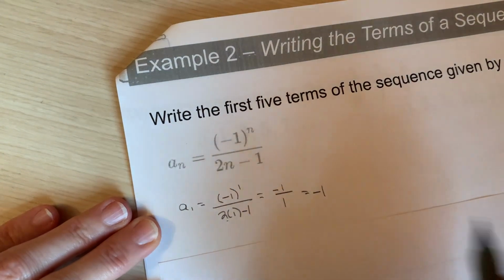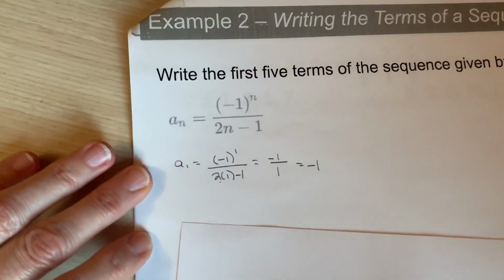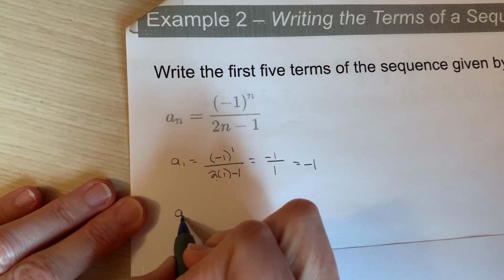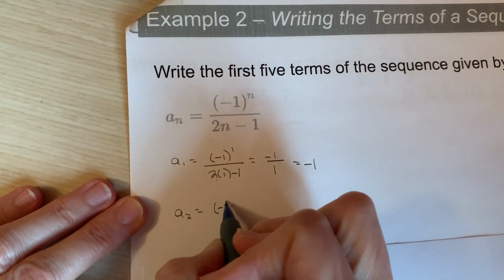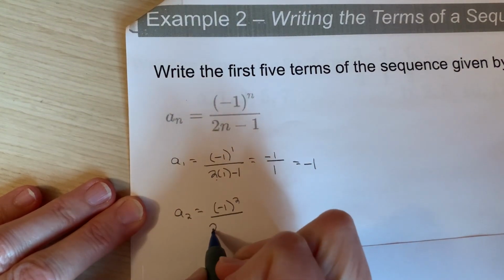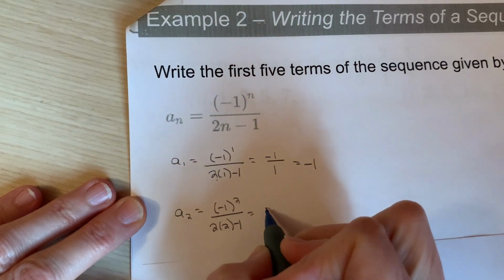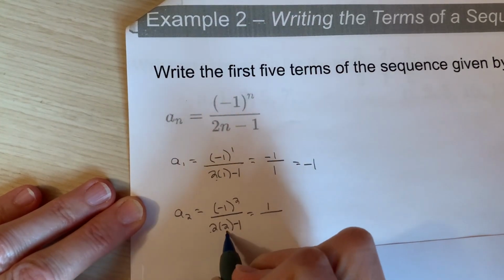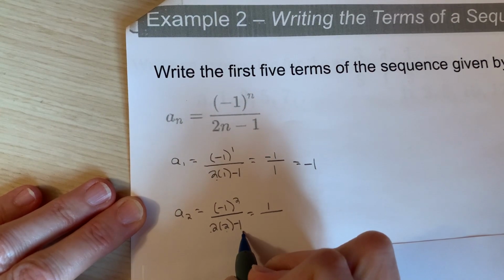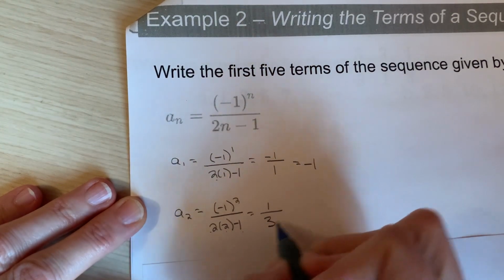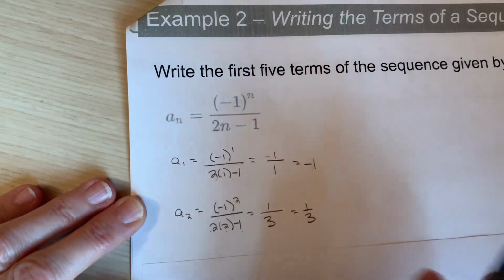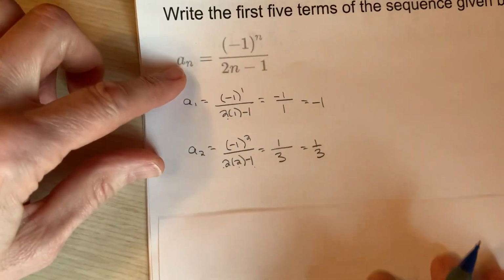So my first term, or a sub 1, would be negative 1. A sub 2 would be negative 1 squared over 2 times 2 minus 1. Negative 1 times negative 1 is positive 1. 4 minus 1 is 3. So a sub 2 is 1/3.